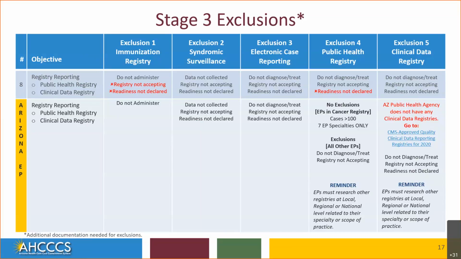In the last column, you'll see for clinical data registry for the state of Arizona specific details, there is a link to CMS approved quality clinical data reporting registries for 2020. There's a list of registries there that fall underneath the clinical data registry measure. So EPs, we highly recommend that EPs go there to check and confirm that they can or cannot submit data to any of those registries listed.